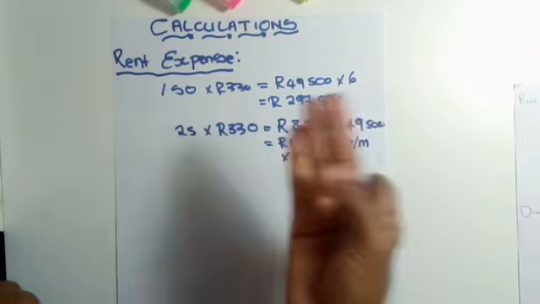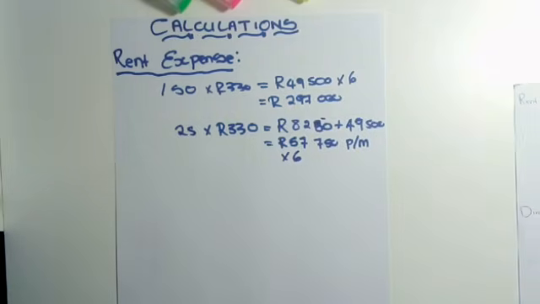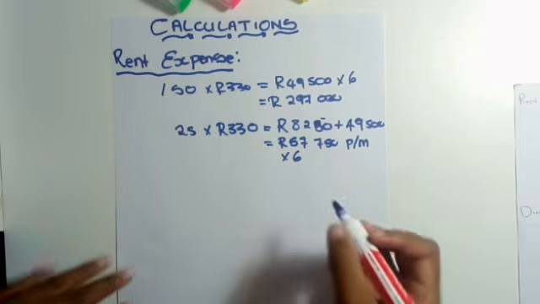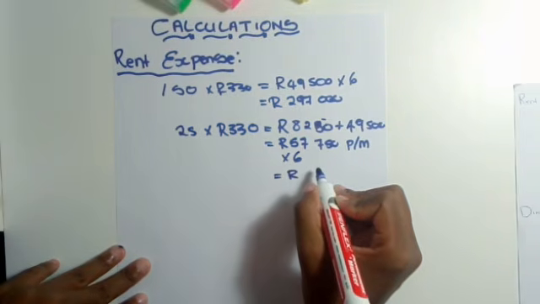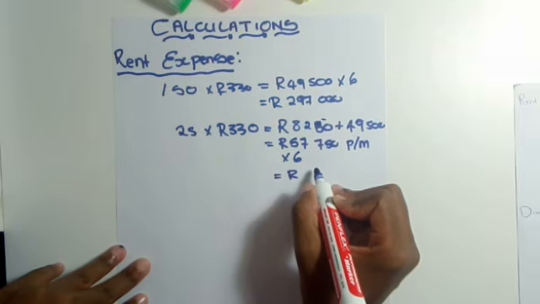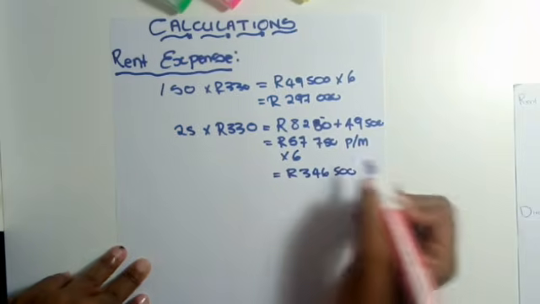November, December, January, February, March, April. I'm counting it now because look at the day. The day is 30th of April, so we are counting the month of April as well. So that means now in total for this 6 months, I paid 346,500.